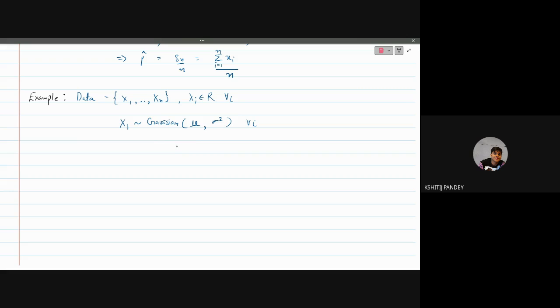So, well, here you have Gaussian distribution generating data. So now what? We assume that your mean mu is unknown and your variance is known.